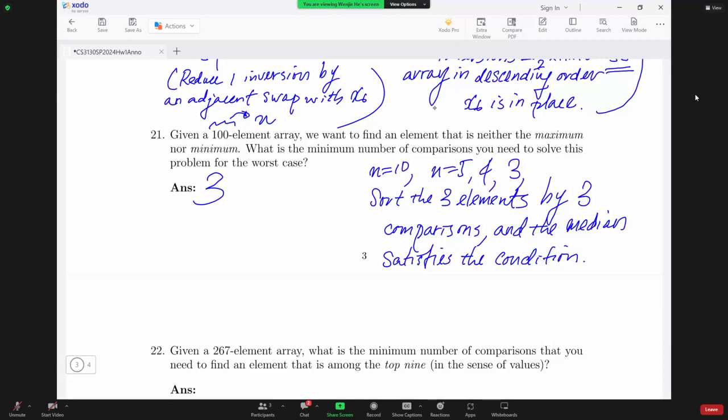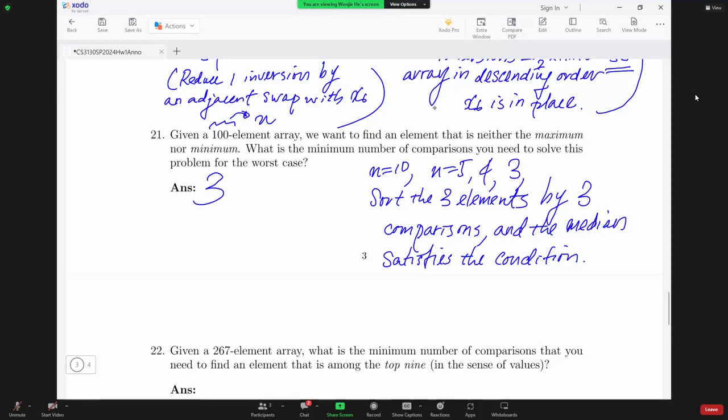Where n is larger than 3, how about you only select 3 elements from the array? You do not need all of those elements. You just select arbitrary 3 elements from the given array, no matter how many. You just need at least the minimum number of elements in the array, 3.